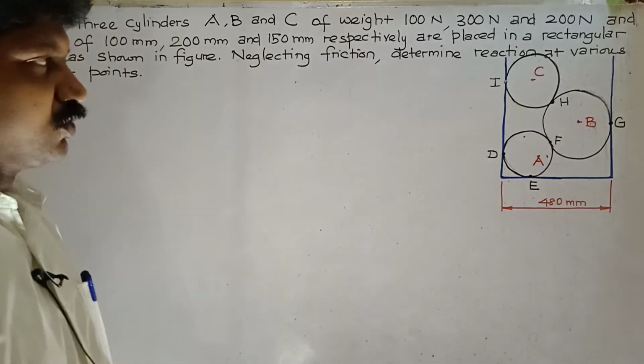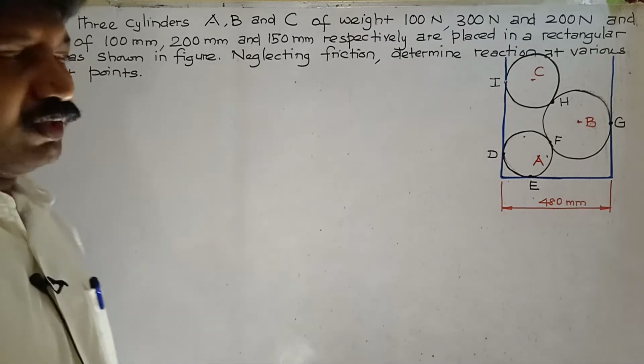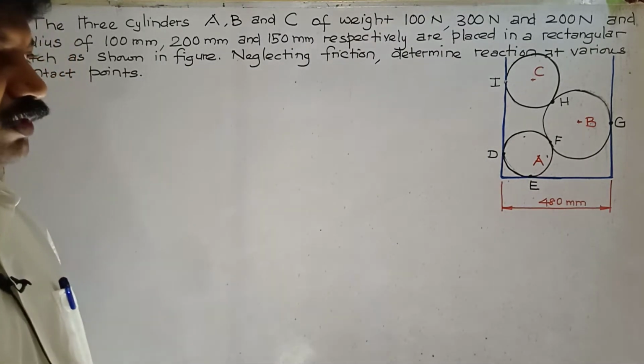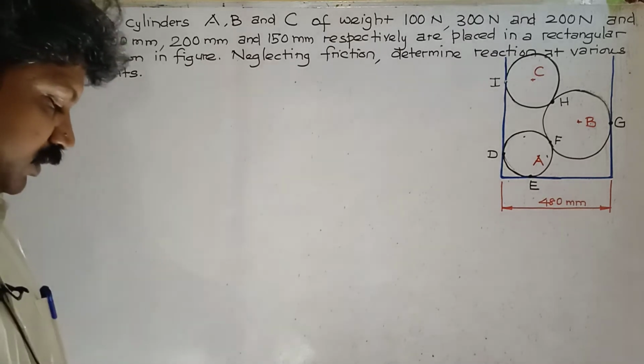As usual, draw the free body diagram of each cylinder, form the equations, and then solve the equations and find the reaction at various contact points.